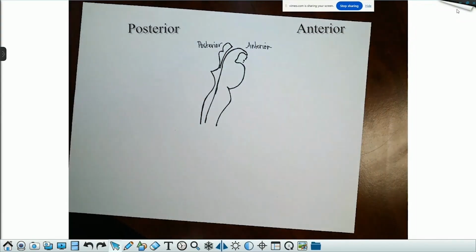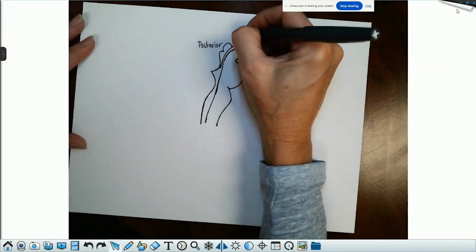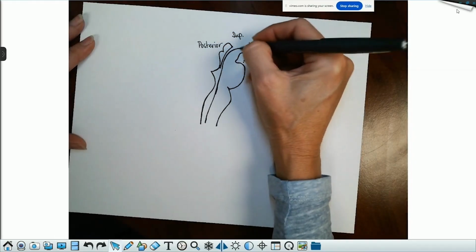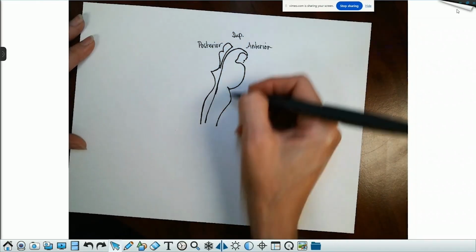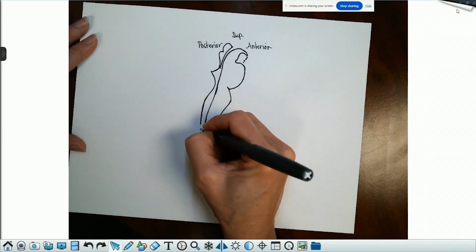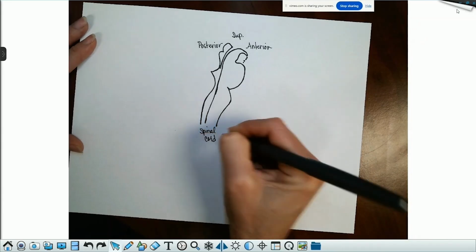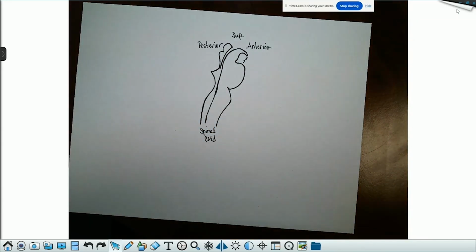That way you can be oriented. This is the top, so superior, very close to that hypothalamus. And then this would be down at the spinal cord. So now we are oriented.